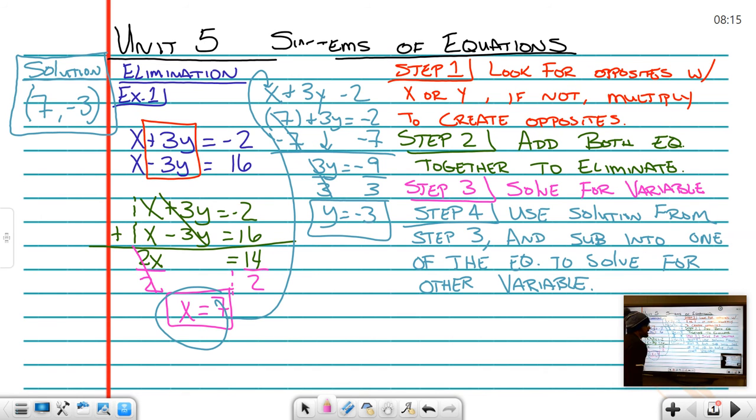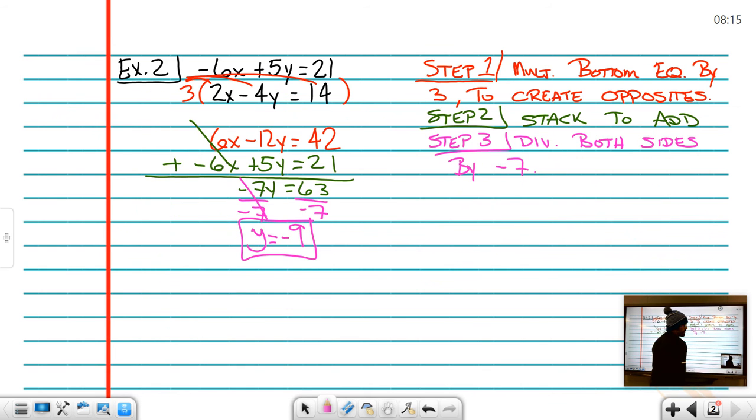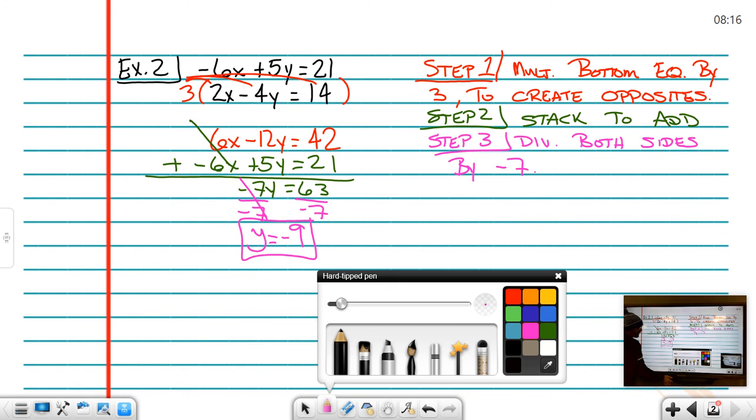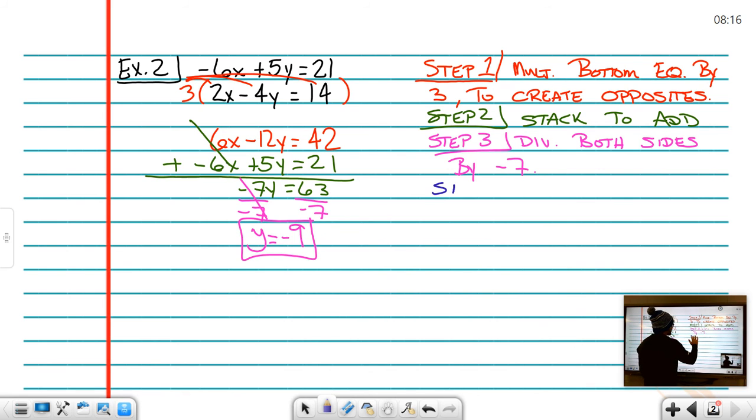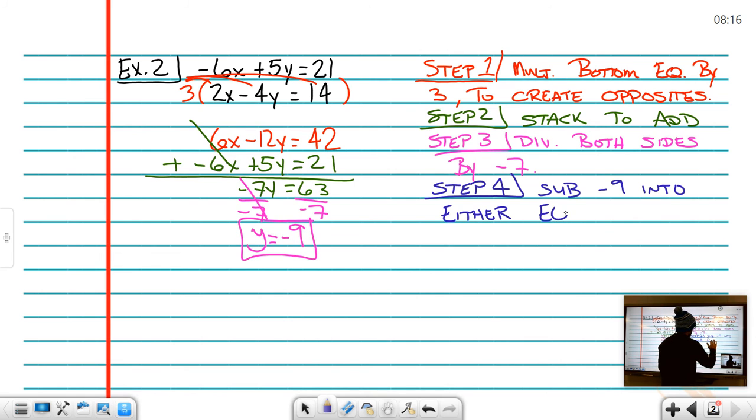If we remember our last step, we're going to use the solution from step 3, sub it into one of the equations to solve. It doesn't matter which equation we sub it into. So step 4, we're going to sub negative 9 into either equation and solve for x.